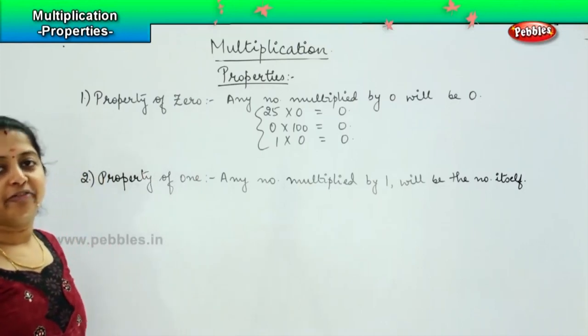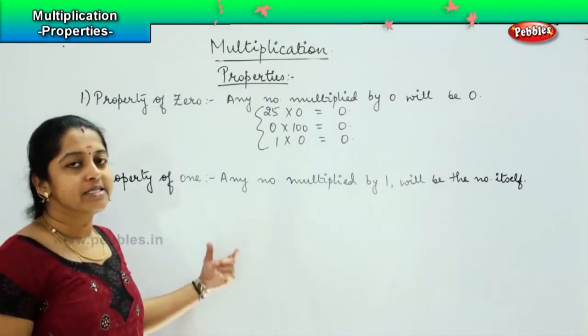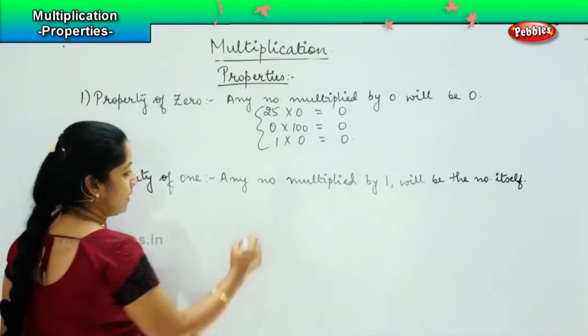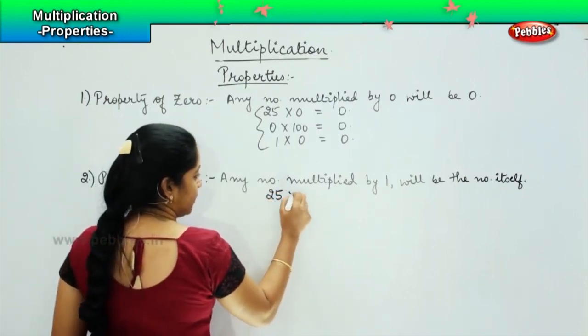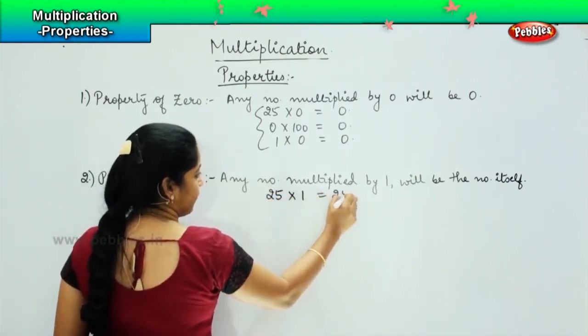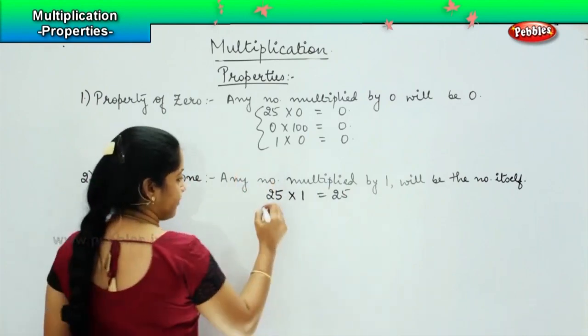Okay, any number if I multiply by 1, the answer will be the number itself. For example, 25 into 1 will be 25. That is the number itself.